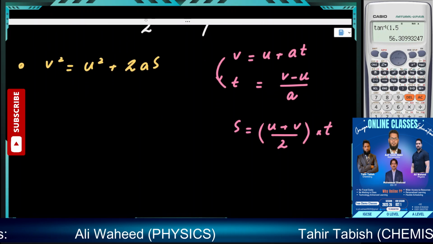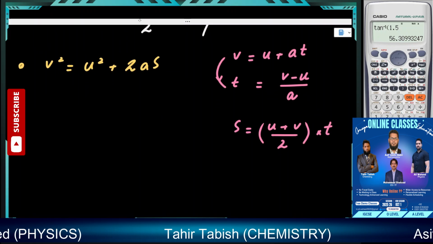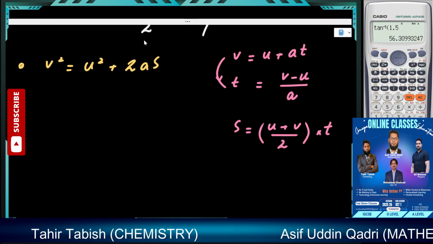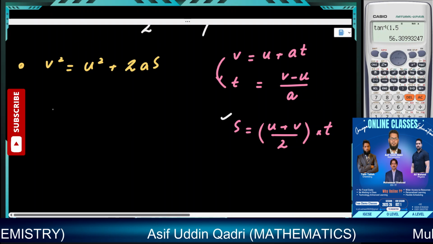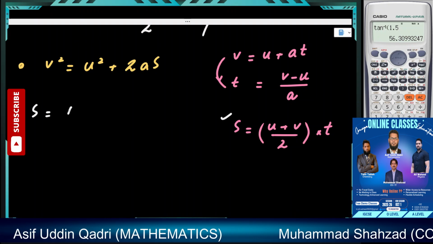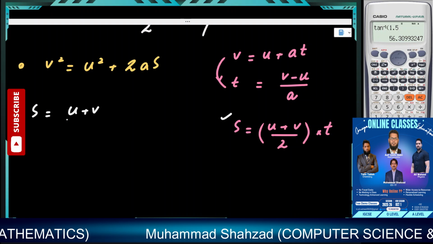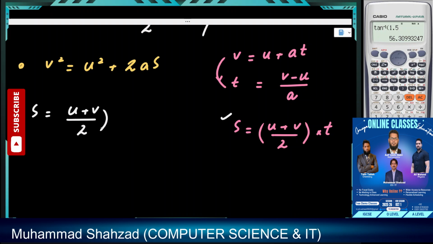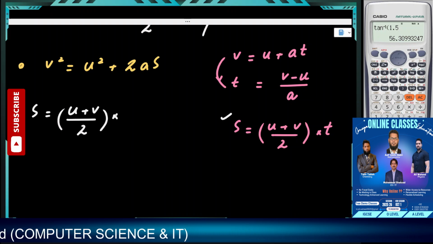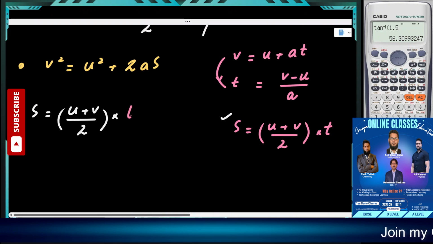So what I'm going to do is write the expression for the average velocity once again, this one. And this thing was being multiplied by time.